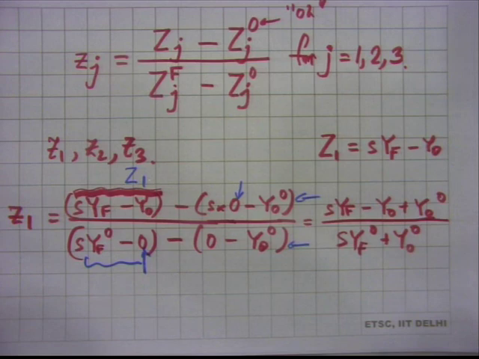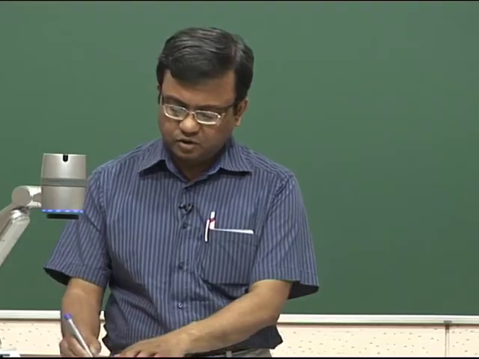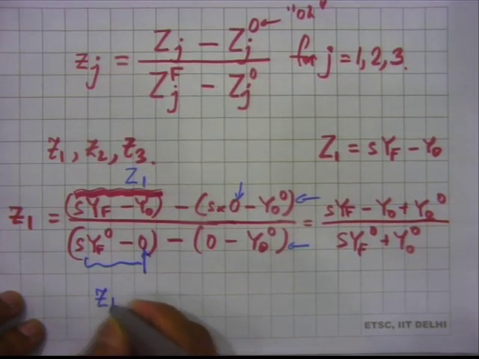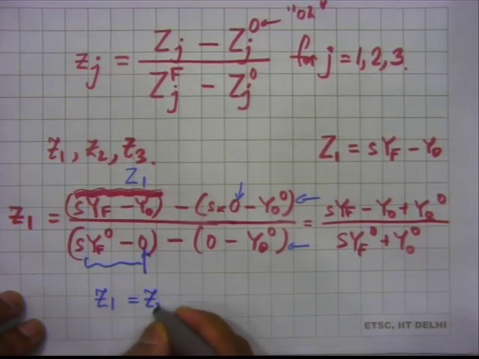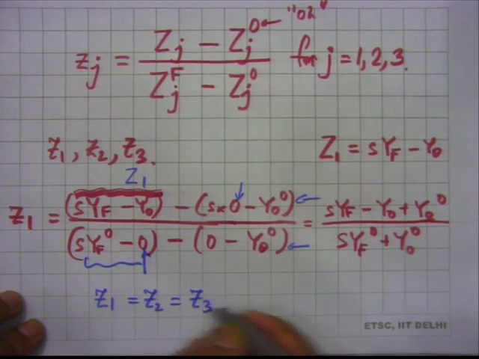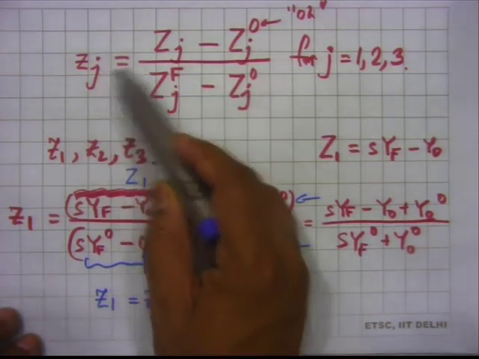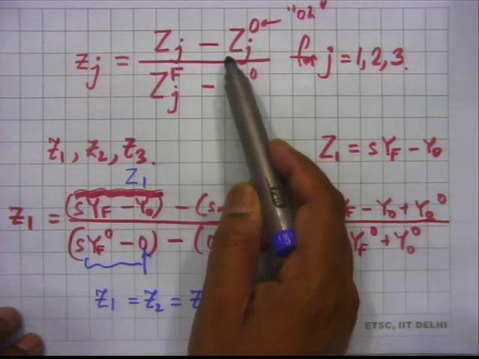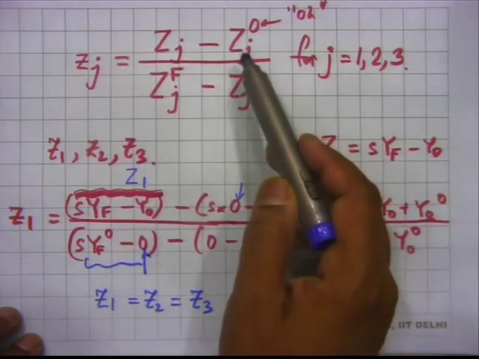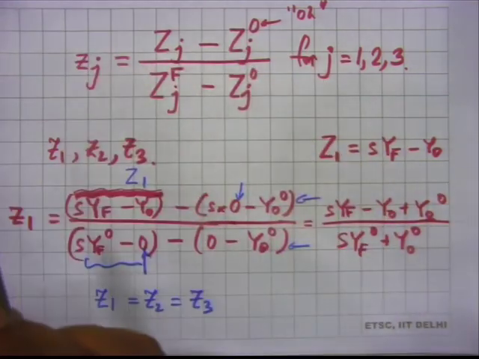But what we will do in the next class is we can easily show that the small z1, small z2, small z3 are all the same. How do you get small z1? Using capital Z1, this relation. In this relation, if you use capital Z1, you get small z1.